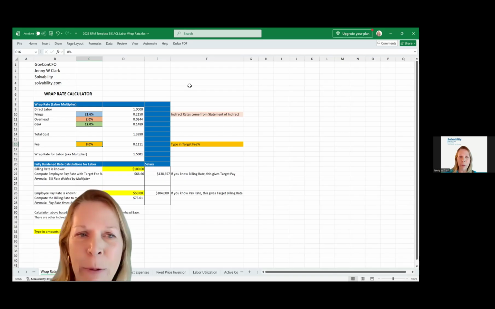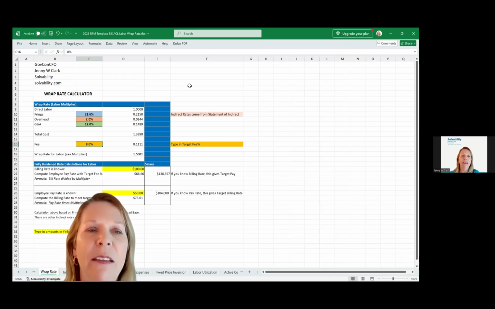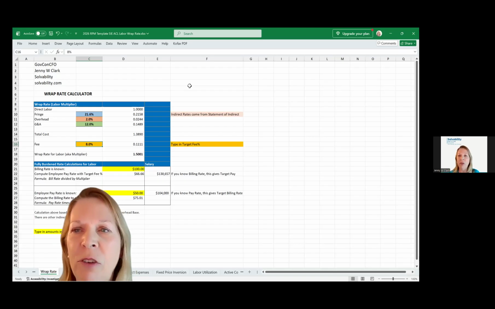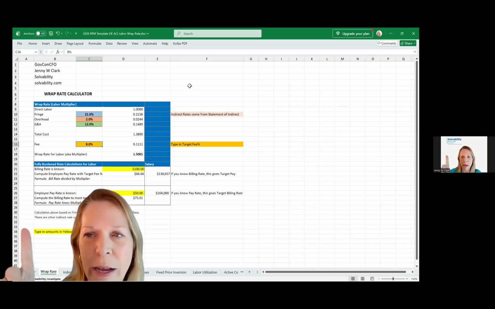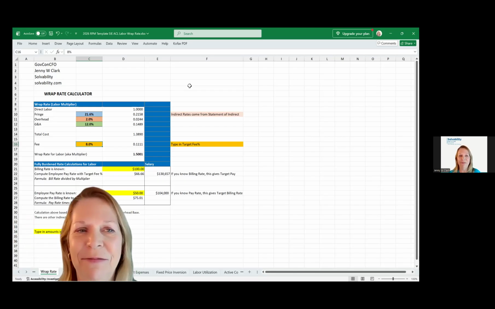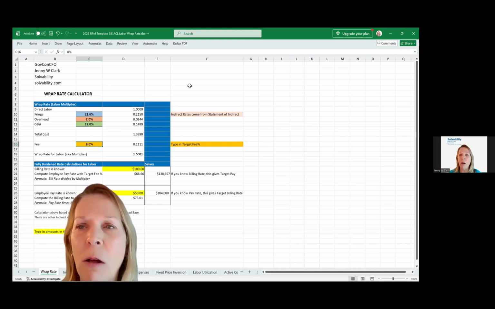So here's the math. Everybody ready? Okay. For every dollar of direct labor, I'm going to add 21.6% fringe. Overhead is calculated on top of direct labor plus fringe. We're going to add those two together. G&A is applied on all of the above.